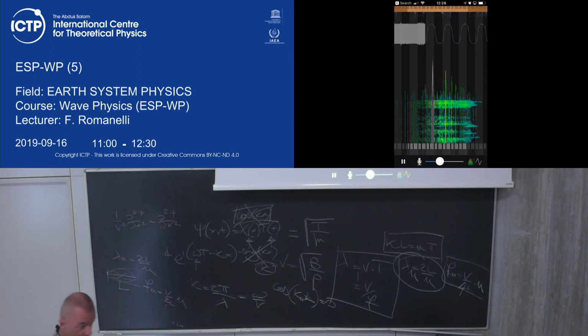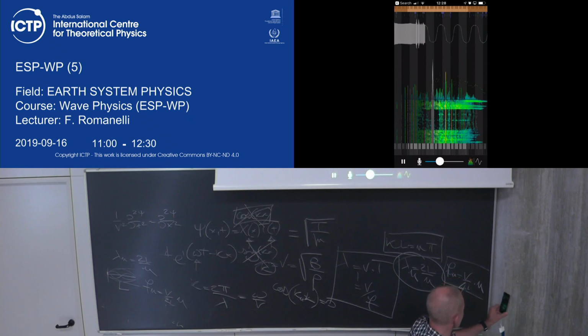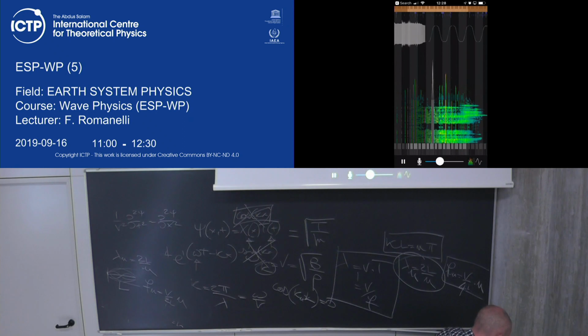And maybe moving the microphone around, but I cannot do it, their amplitudes are going to change according to the position. Definitely here, you see, maybe some other lines are related to the resonances of this box.